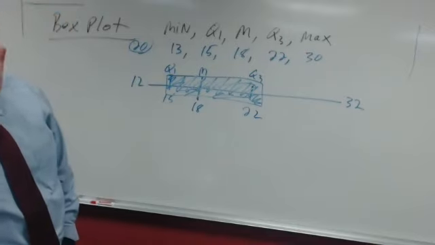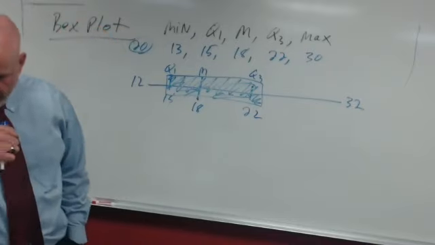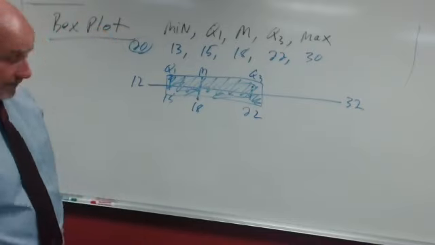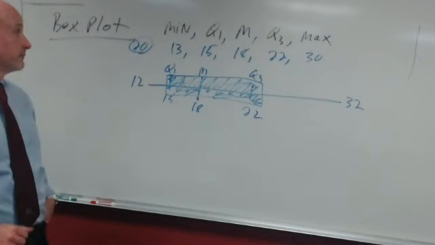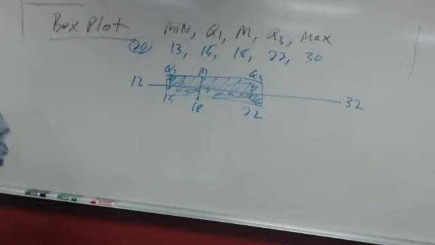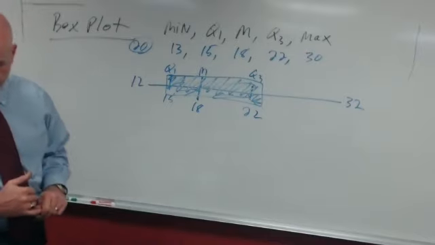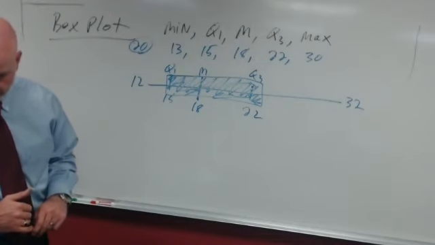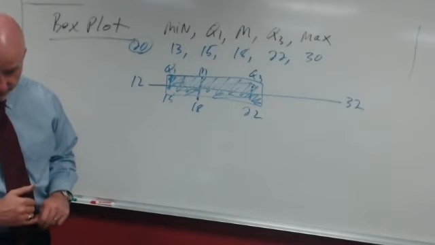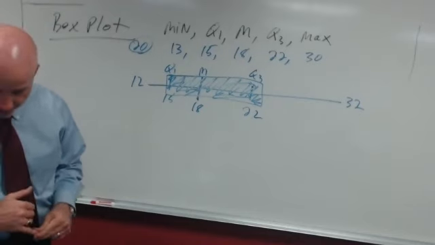In this box plot, what can we interpret out of this? The average range of times, not a maximum. Average range of times. What else?